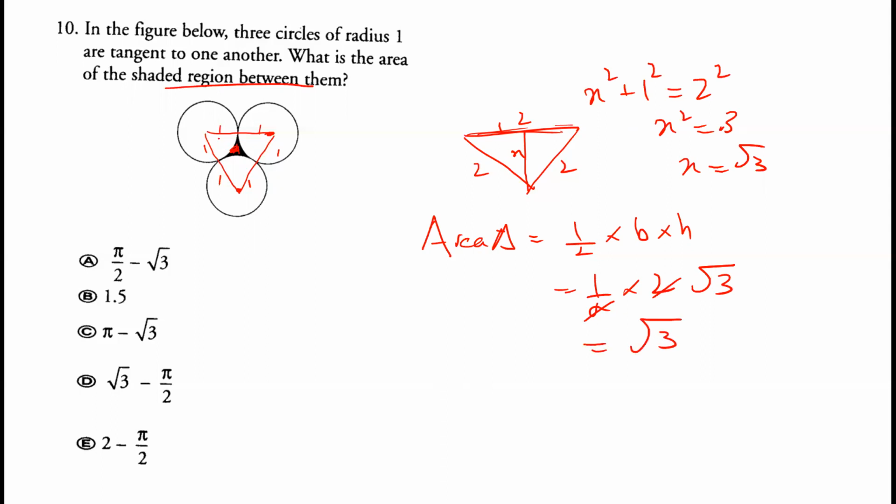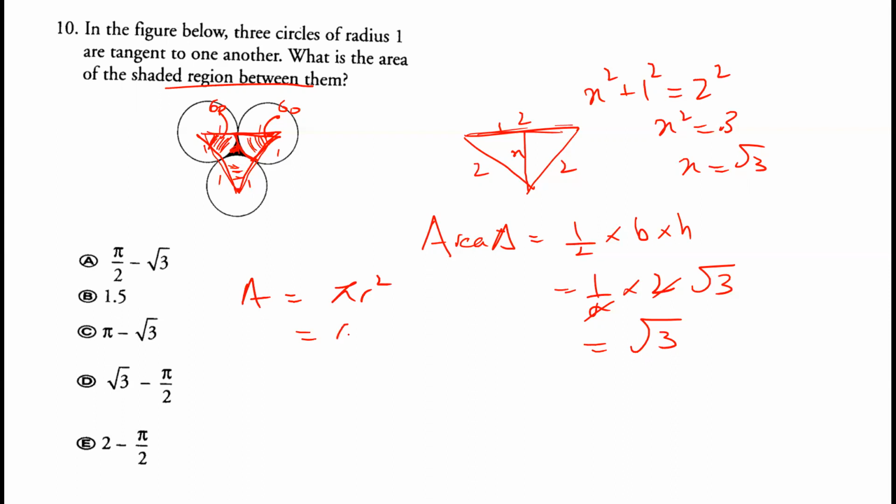Now what will be the area of this segment of the circle? So again, this is an equilateral triangle, so the angle of this triangle would be 60. This will also be 60. So what would be the area of this segment? The area of a circle is pi r square, but it's not the whole circle.